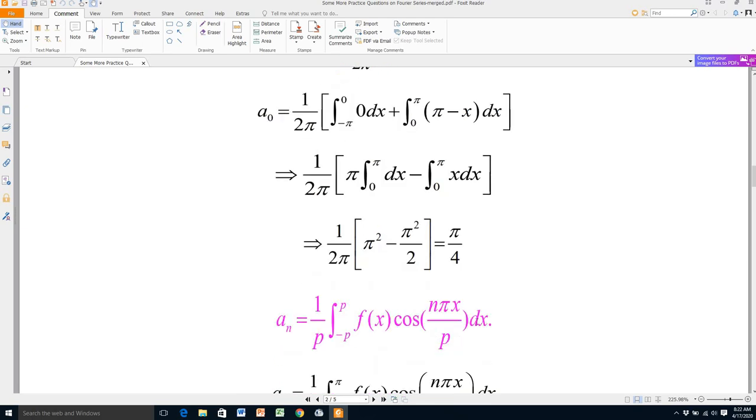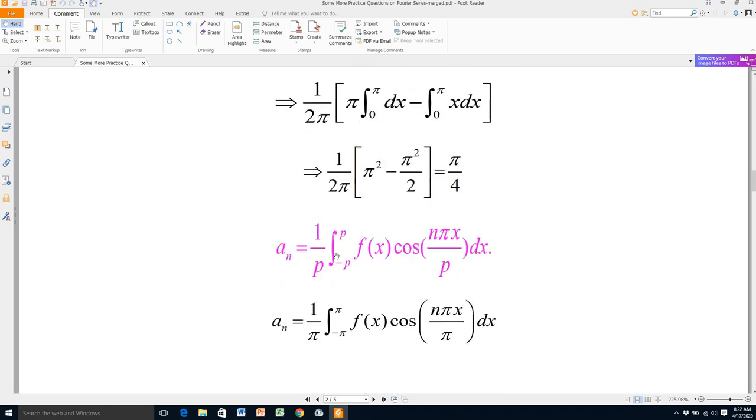Now we move towards the second Fourier coefficient, a n. Its value is 1 over p times the integral from minus p to p of f of x cos n pi x over p dx. Substituting p equal to pi, we get 1 over pi times the integral from minus pi to pi of f of x cos n pi x divided by pi. This pi cancels with that pi, and after simplification we get cos nx.